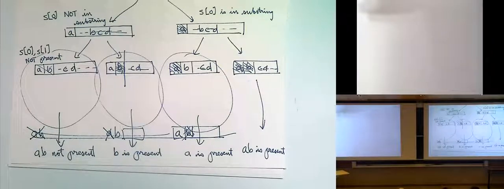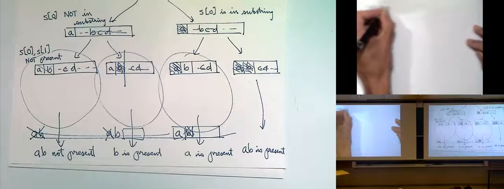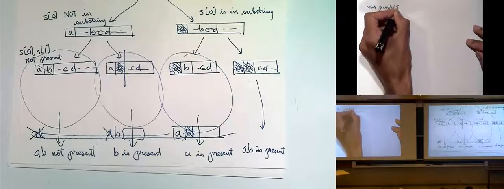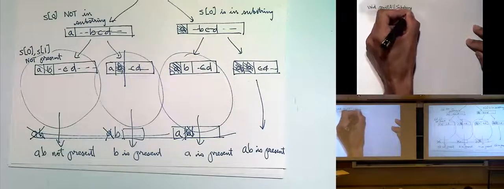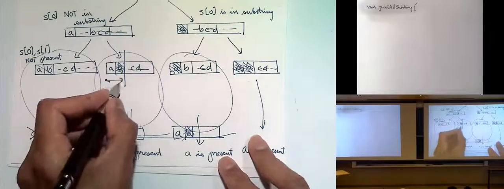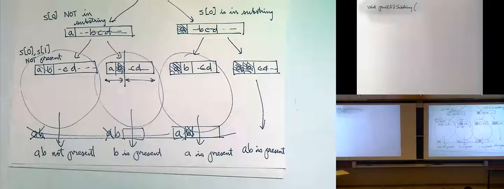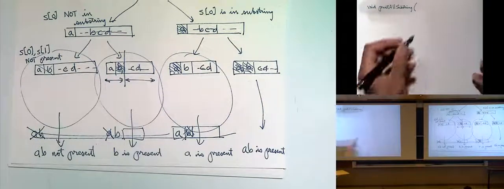Okay, so now let's go ahead and write the code. Void print all substring. We will have two arguments. One argument for this portion and one argument for the latter portion. So I'm going to give these two names.